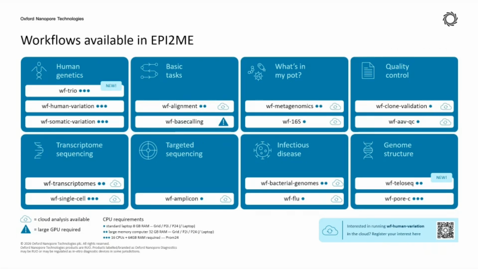But these cloud resources are not available for human-related analysis because human genome sequencing data is sensitive. So even though ONT does provide free cloud compute, we are not able to use it to analyze our human data. So for human genome data analysis using EPI2ME, we need a relatively powerful computer in order to complete the analysis.